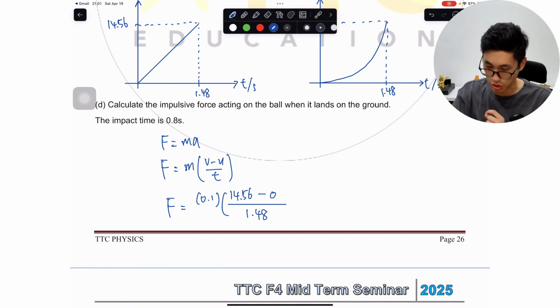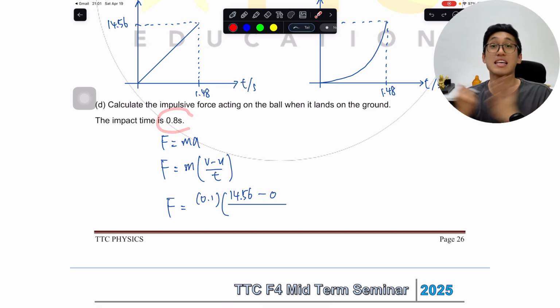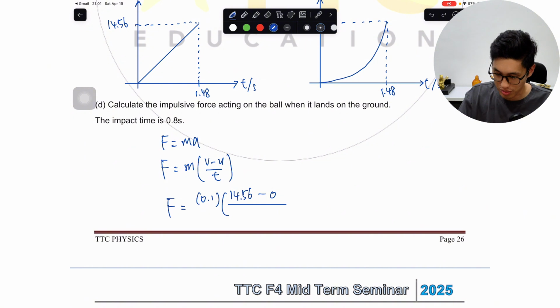Oh, sorry, my bad. This is not the time taken to fall down. This is the time taken for the impact. The impact time is 0.8 seconds, because impulsive force only happens during impact.